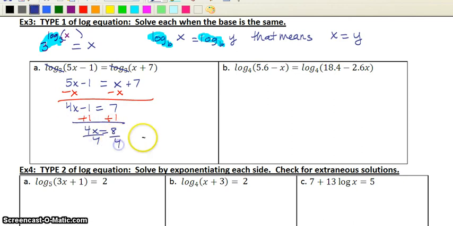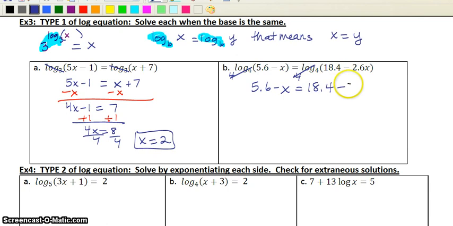Let's try it again on example B. Again, really what's happening is we're going to take both sides as exponents of the base 4, and that cancels both of the logs out, and I just have 5.6 minus x equals 18.4 minus 2.6x. I'm going to go through this faster than I did before, so make sure you ask me questions in class.